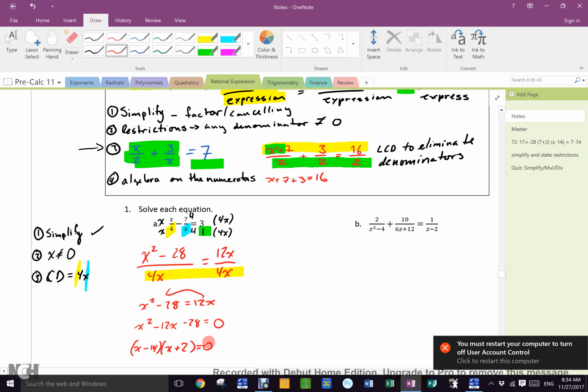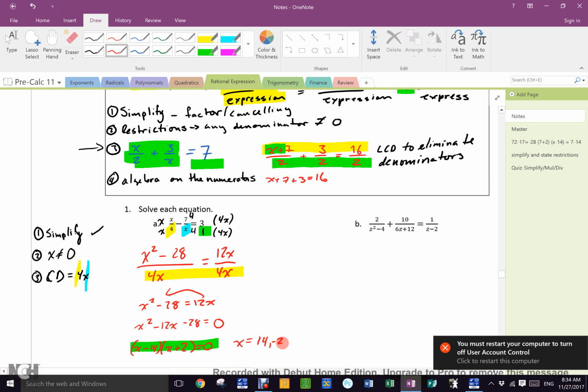And how do we solve that? Because that looks a lot like something that we dealt with all through the quadratics unit. Doesn't it? What does x equal? 14 and negative 2, right?